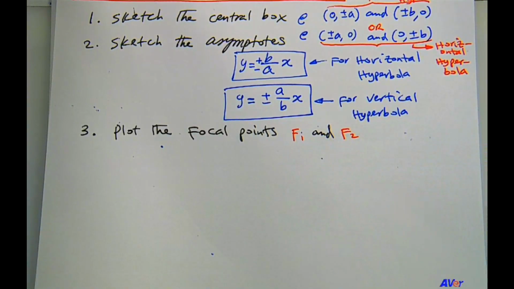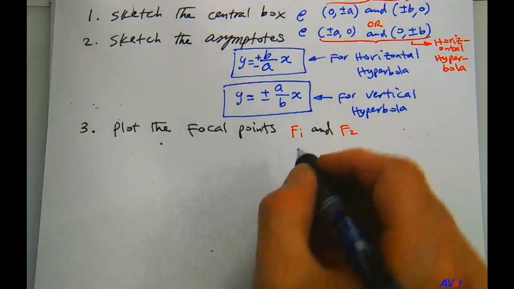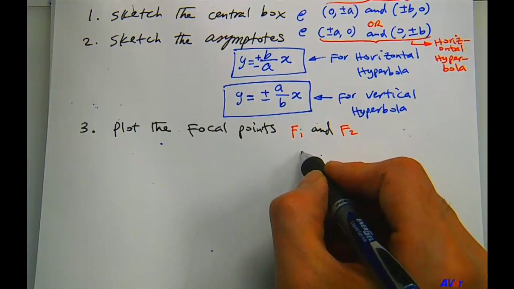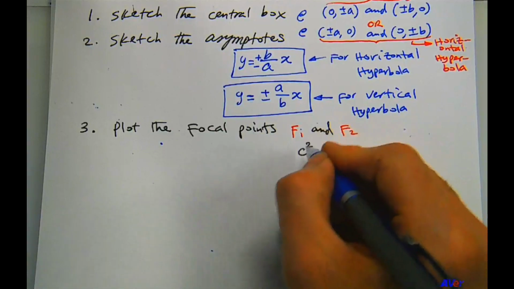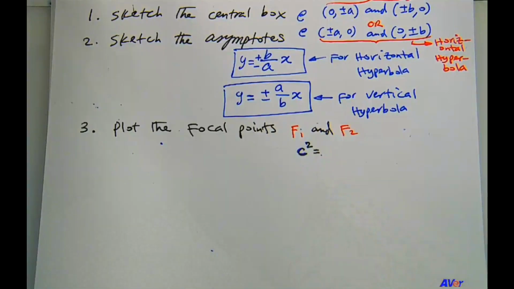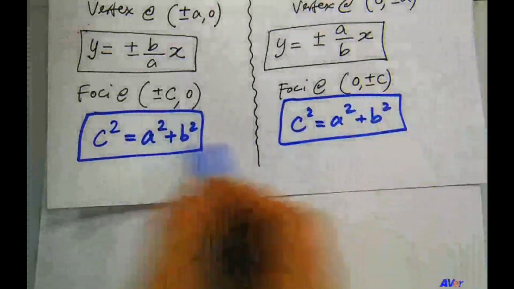And we know what formula has to do with this. We just talked about it on the previous page: c squared equals a squared plus b squared.